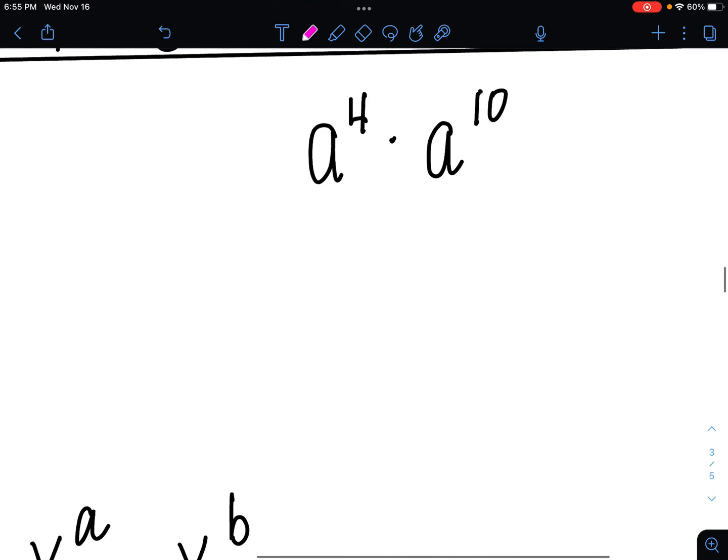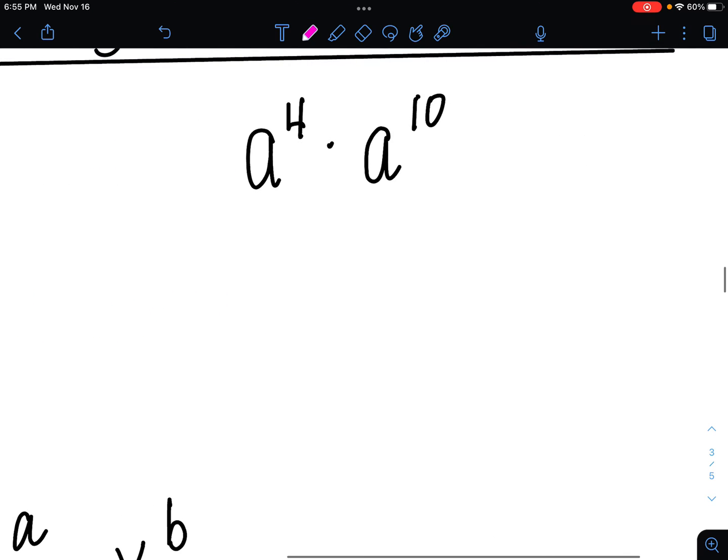All right, let's do another example. a to the 4th multiplied by a to the 10th. So a to the 4th, a times a times a times a, multiplied by a to the 10th. So again, I can put parentheses around them, but I don't have to because all of these are just getting multiplied together.